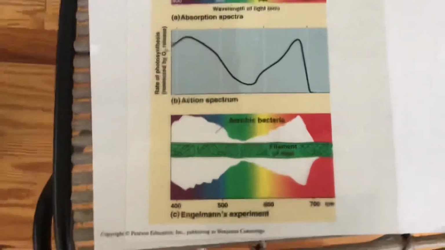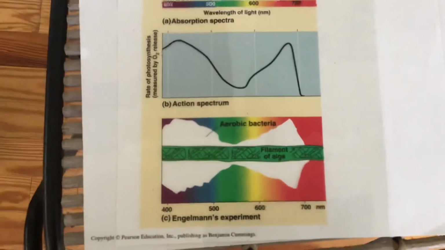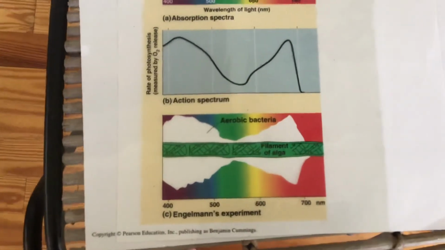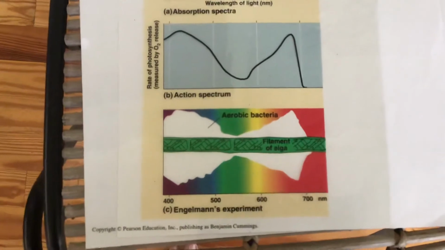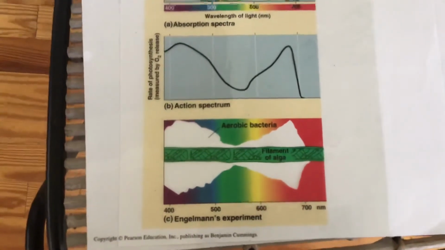What he was doing was using bacteria that use the oxygen produced through the photosynthetic process, their activity at the different wavelengths, as an indicator of how much photosynthesis was occurring. So in essence, this would be the photosynthetic region.